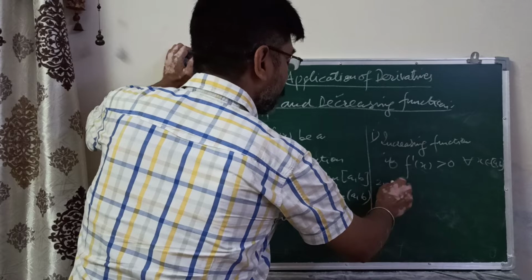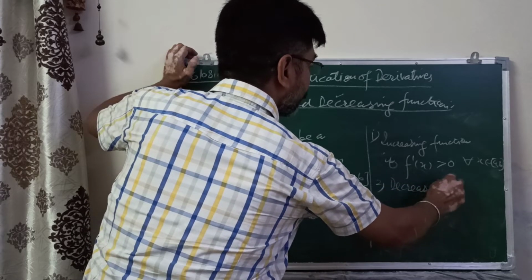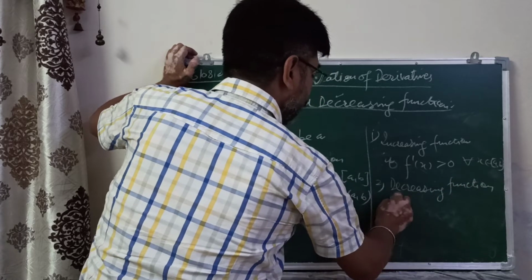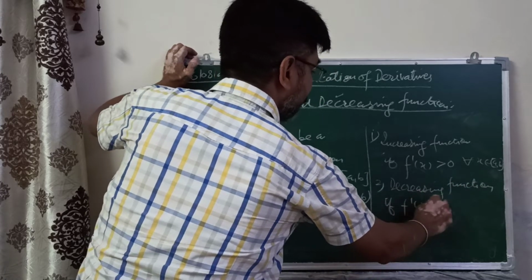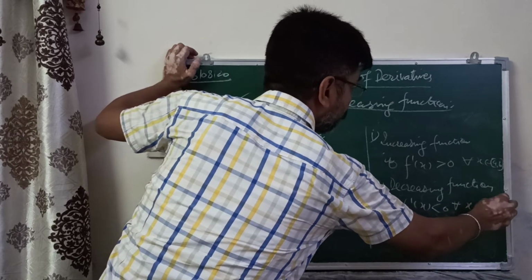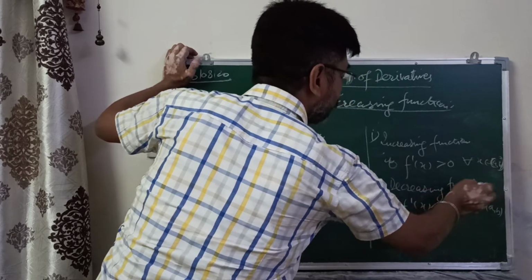Number 2, decreasing function if f dash x is less than 0 for every x belongs to (a, b). This is open interval (a, b).